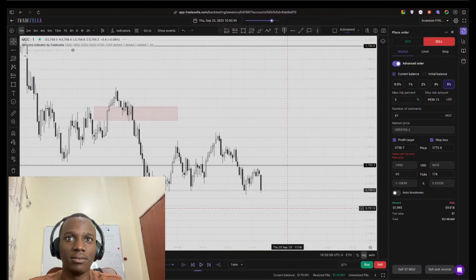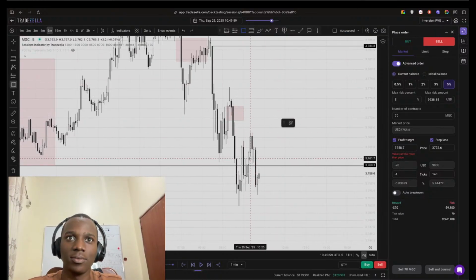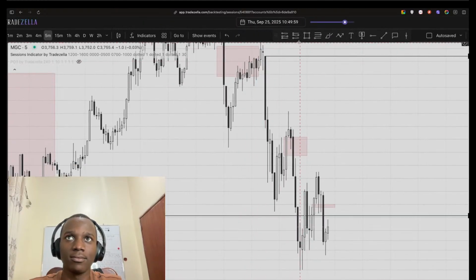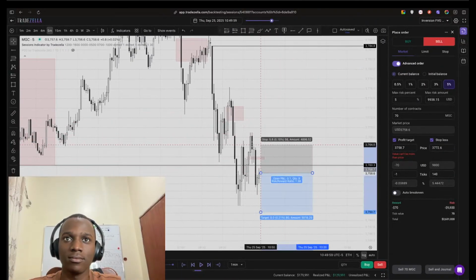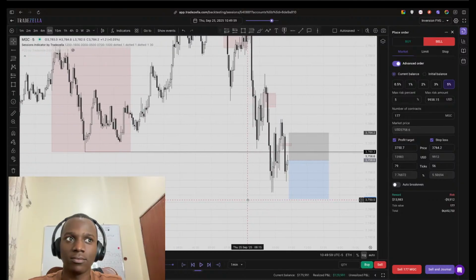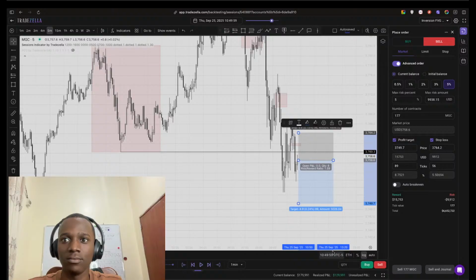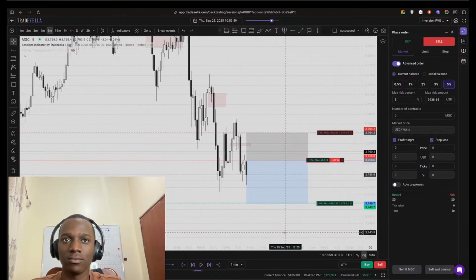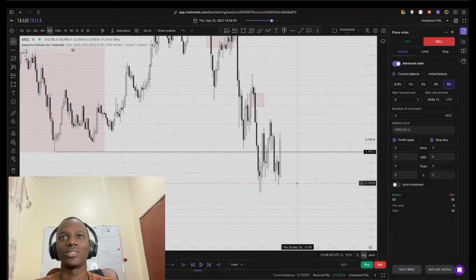Okay, got a 5-minute gap retracement right there, and you can see that after this small inversion here, that was a straight kill, straight short.